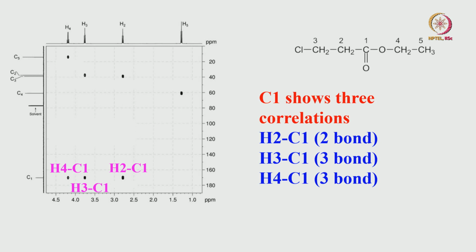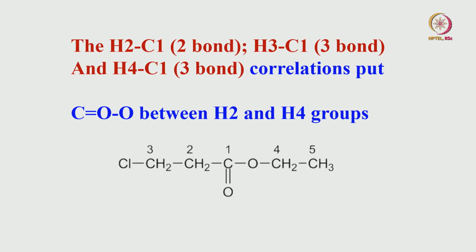But in between there is a CO group. This CO group correlates to this proton, this proton and this proton. And there is no other correlation of this to this carbon and this to this carbon. All this observation, what do you understand? It conclusively tells you that this C double bond O group is sitting between H2 and H4 groups, between this and this.